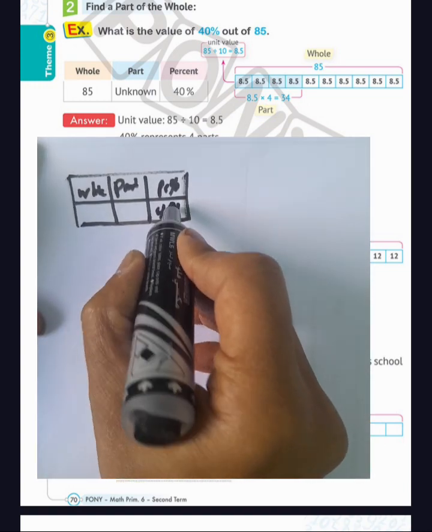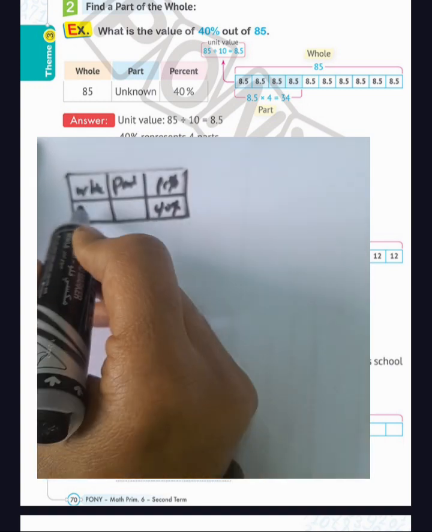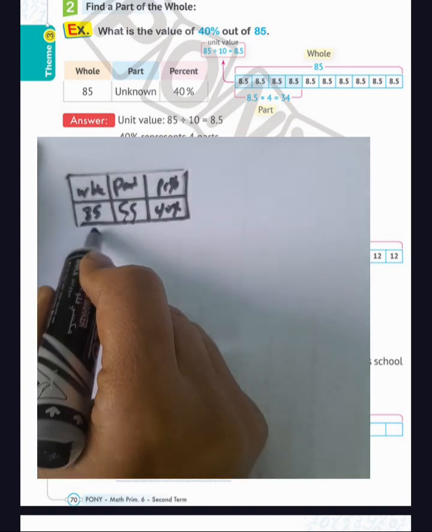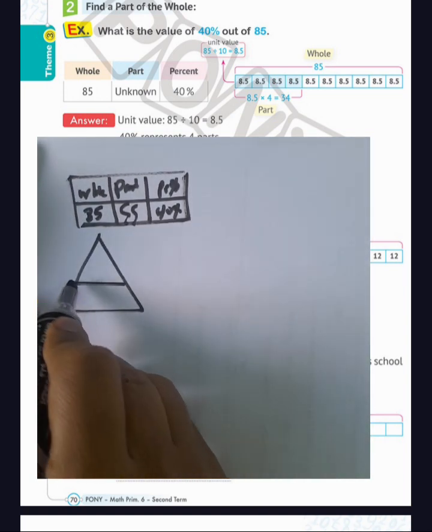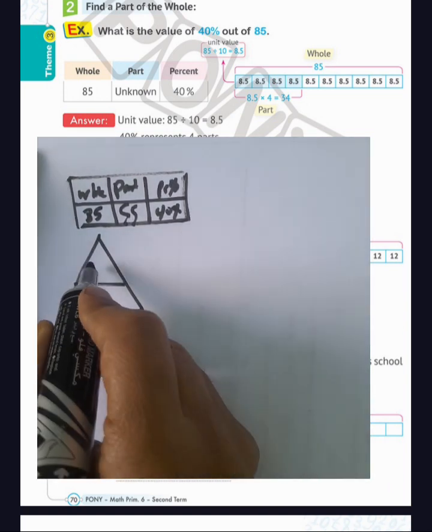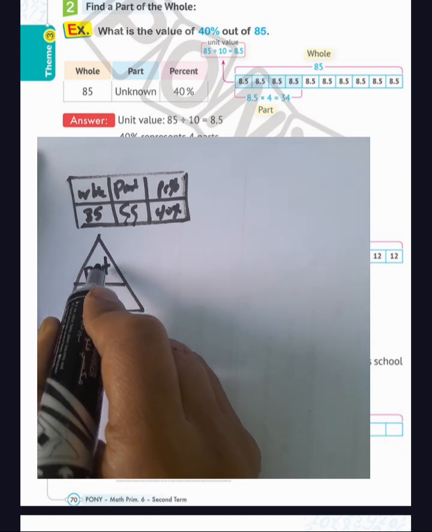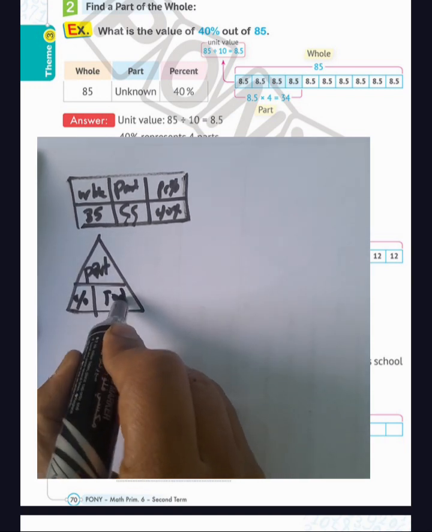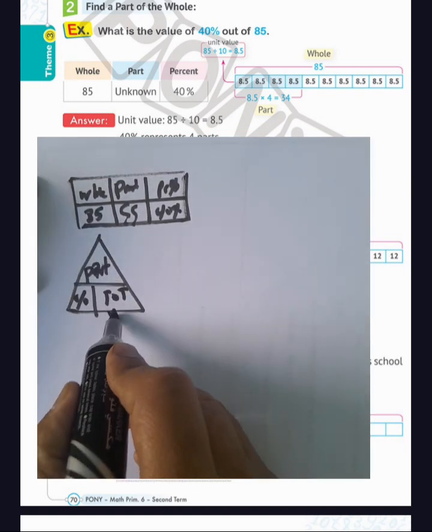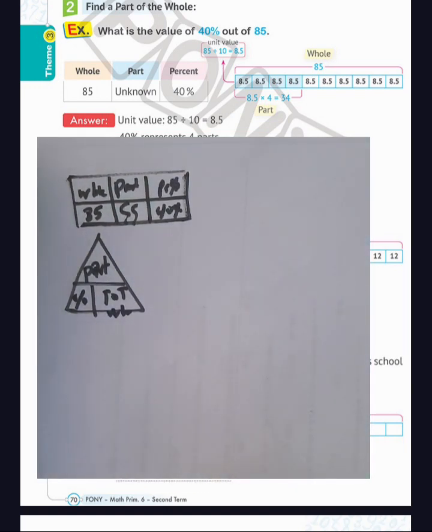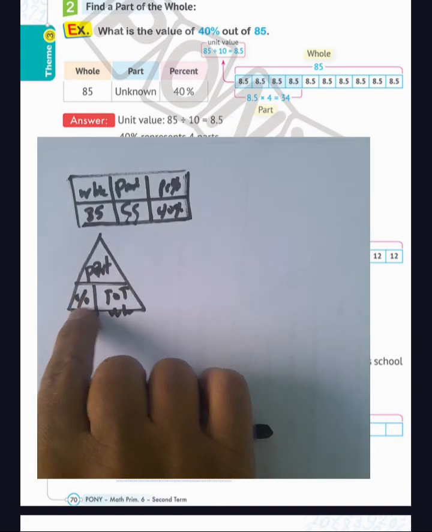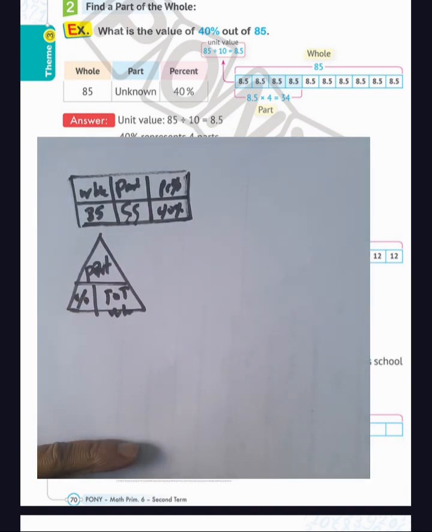The percent was 40%, and here 85, and the part unknown. We know from this triangle, if we draw a triangle here, we have the part up here, and here percent, and here the total number. It's a whole number or total number. And he wants to find what? He wants to find the part. The part means the product between the total and the percent.